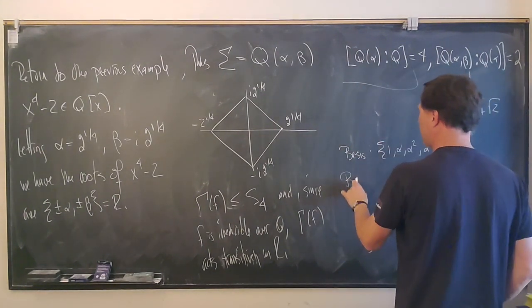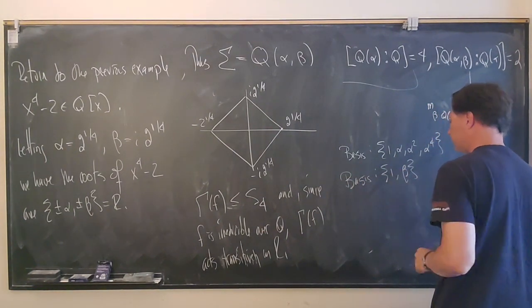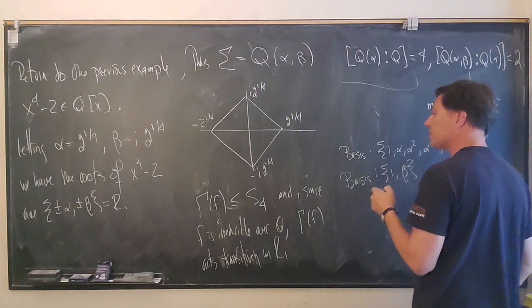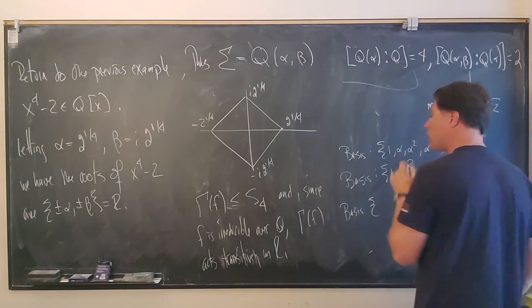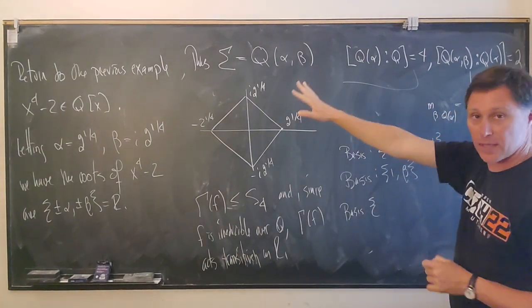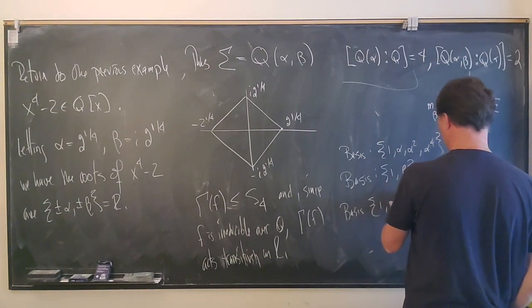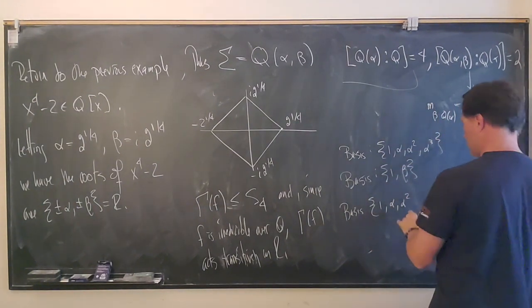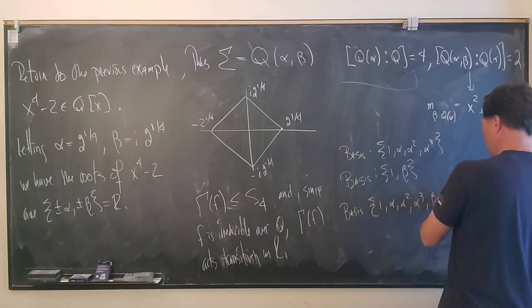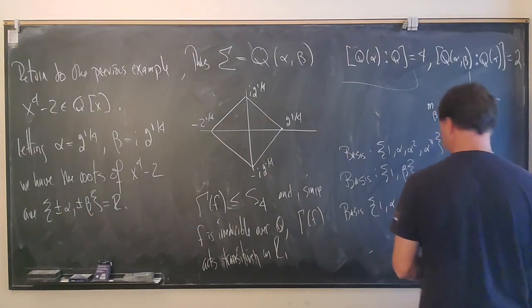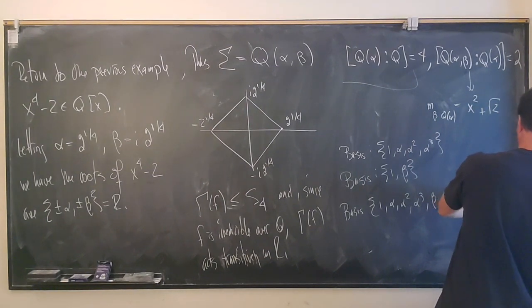The basis for the second one is going to be 1 and beta, which means that a basis for Q adjoin alpha, beta over Q is given by 1, alpha, alpha squared, alpha cubed, beta, alpha beta, alpha squared beta, and alpha cubed beta.